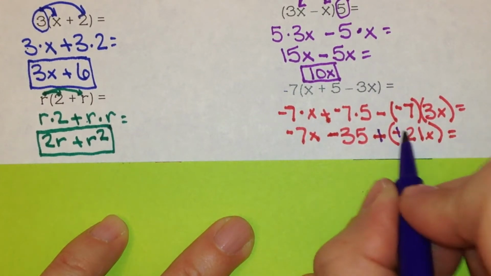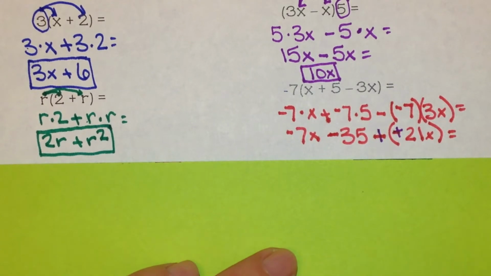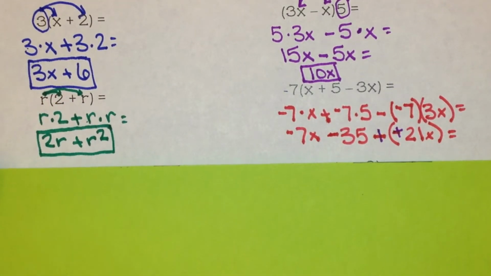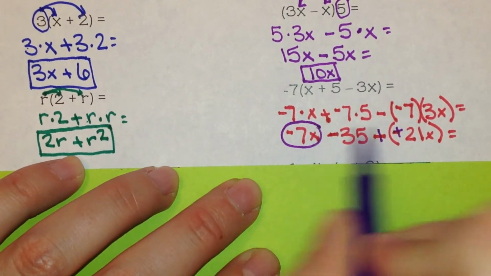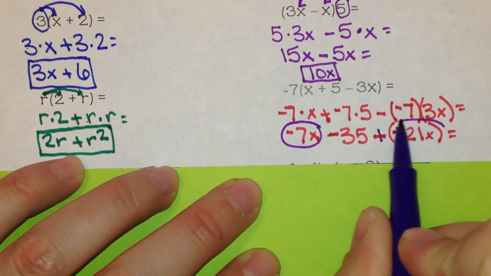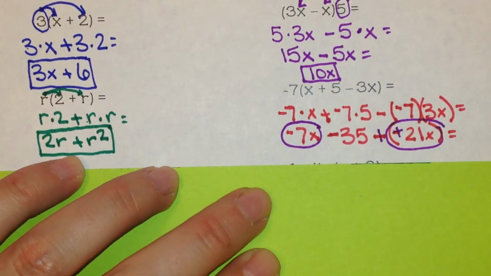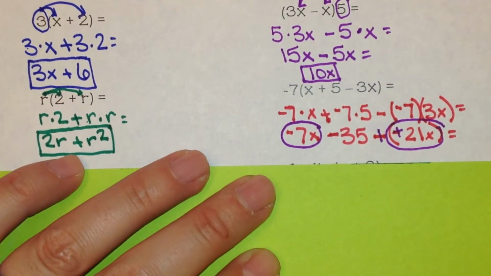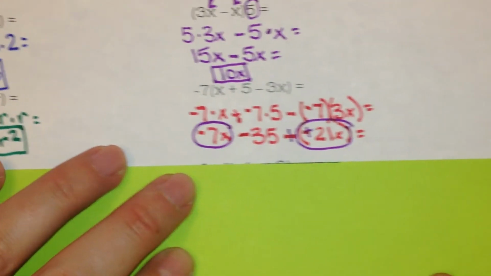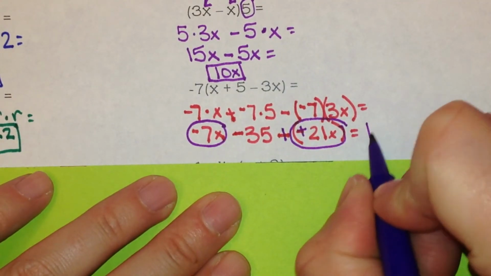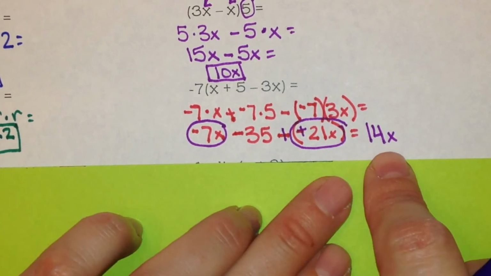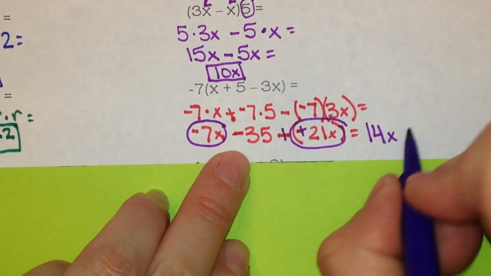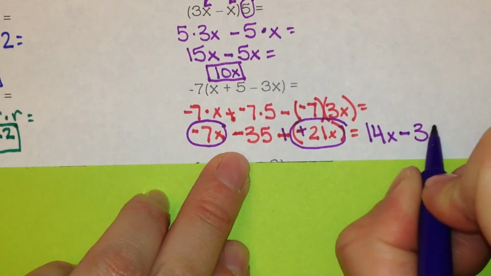Change the sign of your second integer, or term in this case. I actually have like terms, so I have to simplify. All right, I have a negative 7x, and I have a plus 21x. Okay, so negative 7 plus 21 leaves me with positive 14x. Don't forget that x, because that's what we're dealing with. There are x terms. Then I'm going to bring over the minus 35.